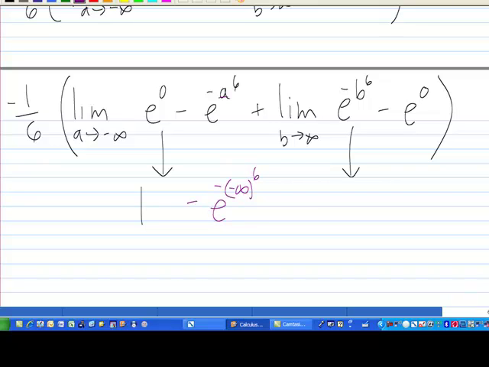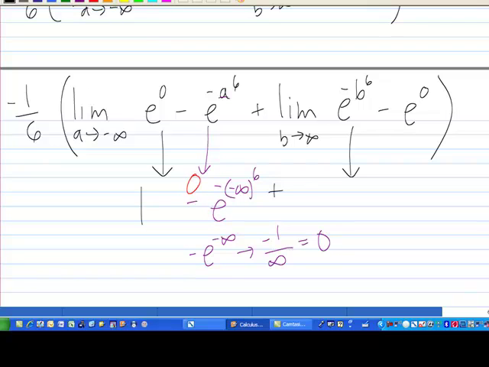Since it's going to become positive, this negative sign will make it negative, so it's really going to be negative e to the negative infinity, which is the same thing as negative 1 over a really big number, which is 0. So we can say that this will just become 0.